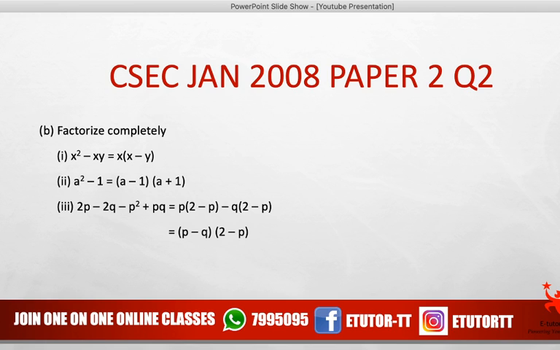And how did we get that? p times 2 gives you 2p, minus p times p, which is p squared, so minus p squared, minus 2q plus pq. And now the 2 minus p, we have that twice, so that's how you know your answer is correct, when you see you have the same exact one twice. So now we have p minus q times 2 minus p.